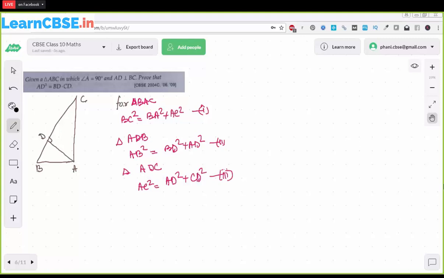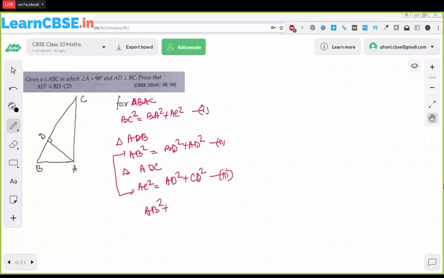Okay. Now using these three equations, we have to prove that AD square equals to BD into CD. So if I add the second and third equations, what am I getting?